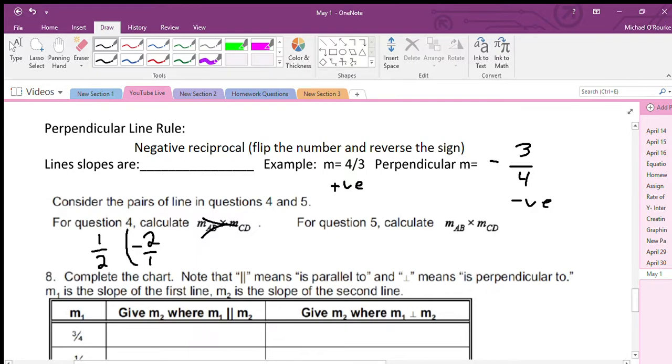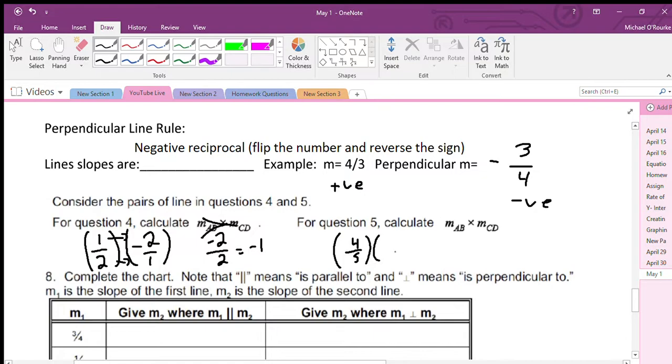Something neat happens here if you multiply them together. If we multiply straight across, we're going to get negative 2 over 2, which equals negative 1. Let's show it again. So let's say we do 4 over 5.